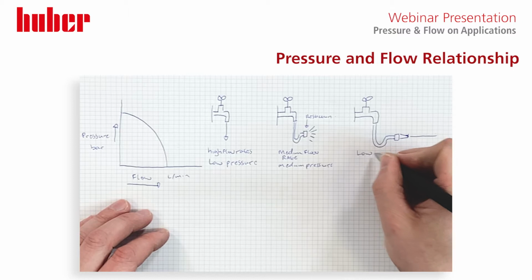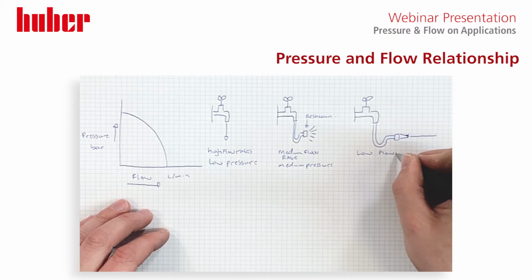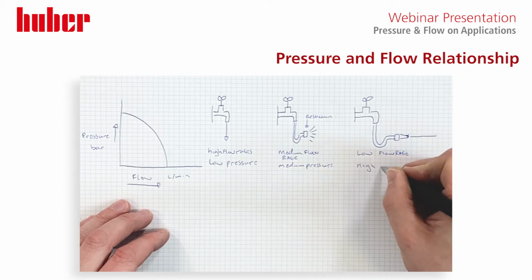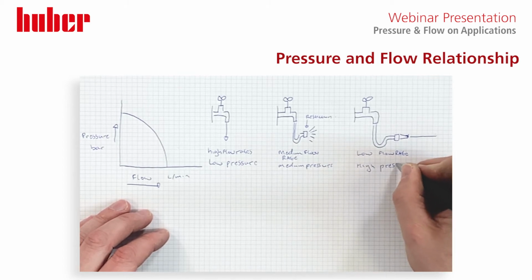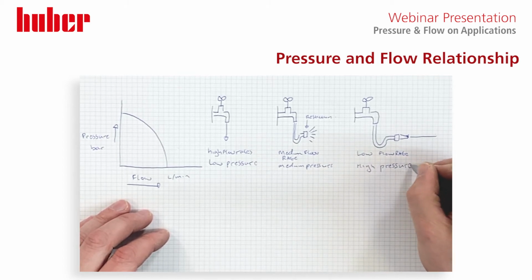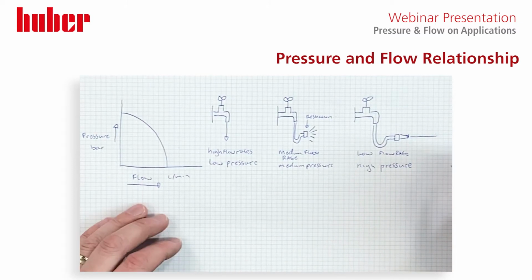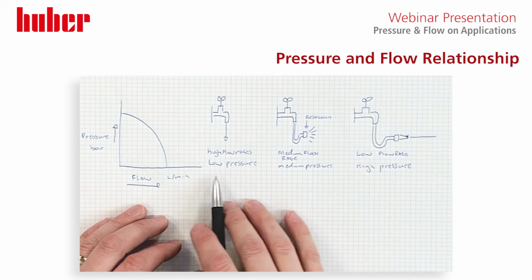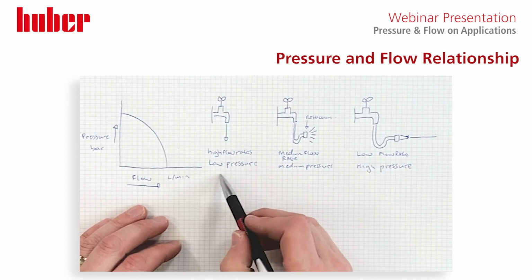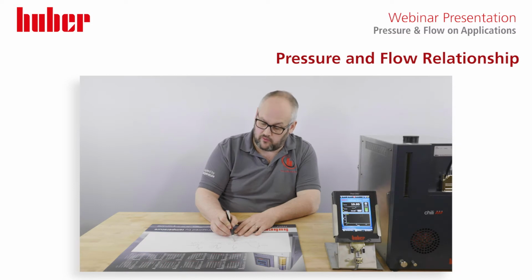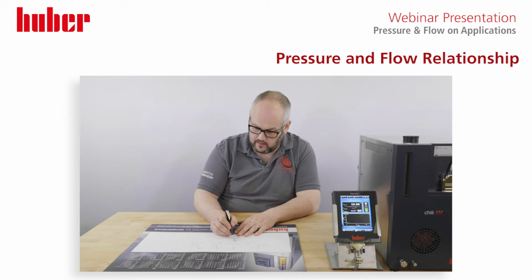So we've got low flow rate, high pressure. If you think about it, it's a bit like what they advise people to have a shower rather than a bath, because a shower head uses a lot less water, but it generates a more forceful water for cleaning you. So this is kind of a key principle here. And at Huber, we'd like to stick down this end because this gives you the best flow rates through the system and therefore thermal transfer.